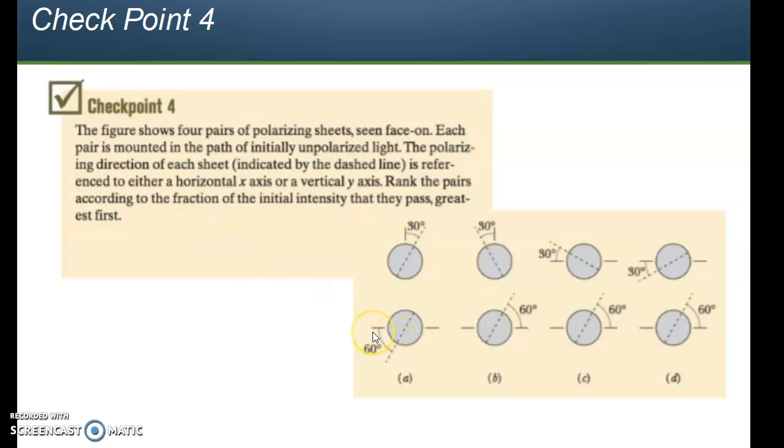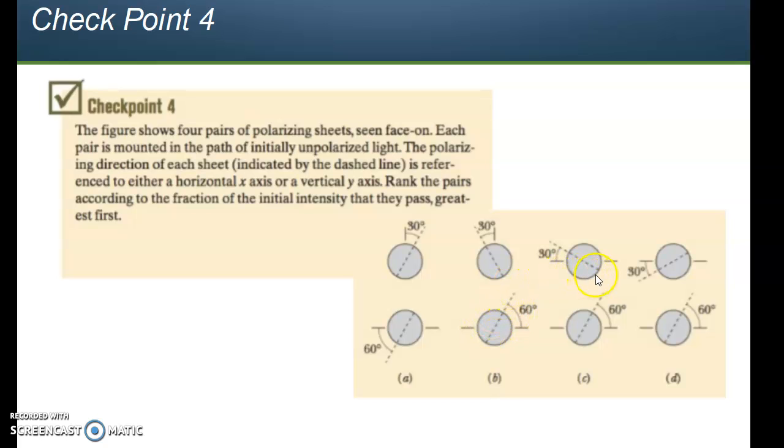But here you have this direction and this direction with a 60-degree change here, 30 degrees here. Here it's 30 degrees to the other side of this axis, and it's 60 degrees up here, right?